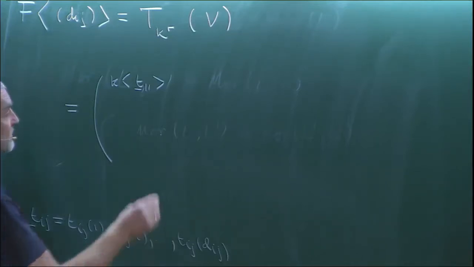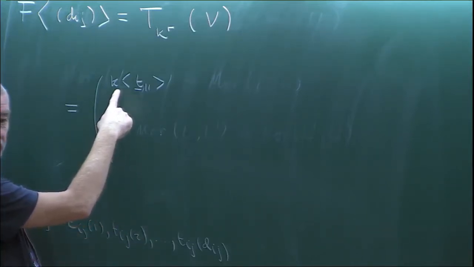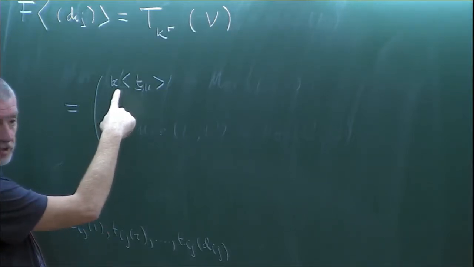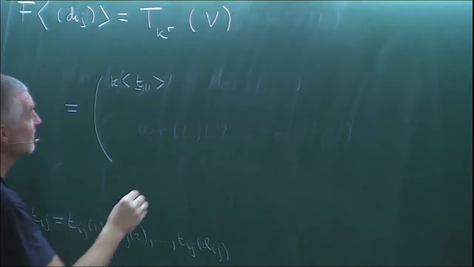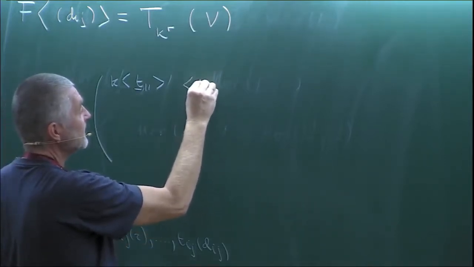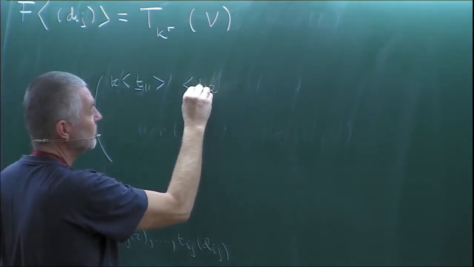So then I have all these variables and I have k in front of them. This is the ordinary non-commutative free k-algebra in these variables. Here, I only get the vector space generated by T12.